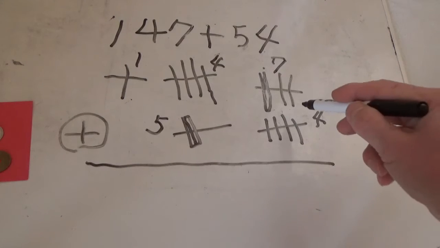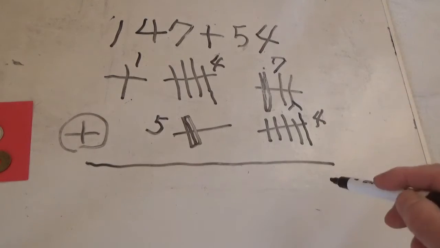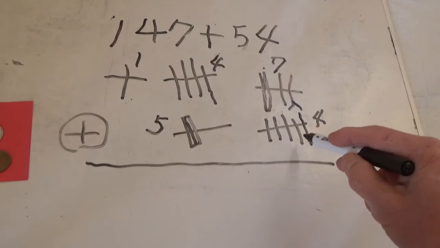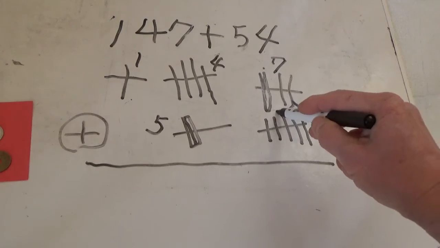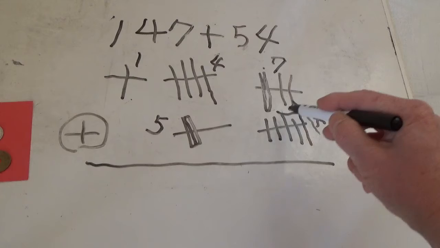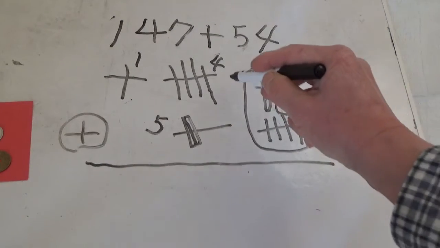First, join this one, and this is 5, and this is 5, so it makes 1, 2, 3, 4, 5. 5 plus 5 equals 10.